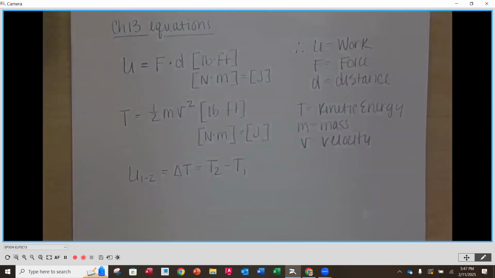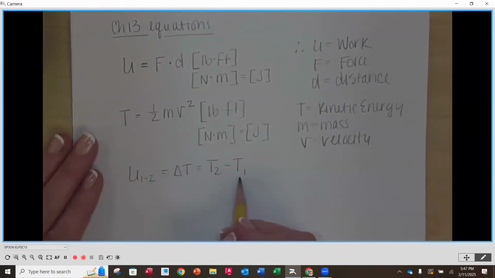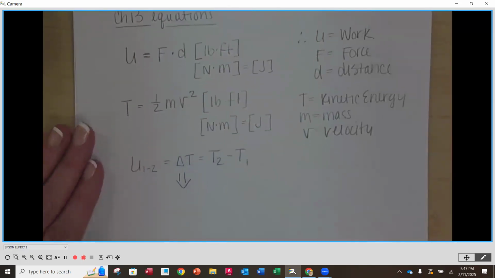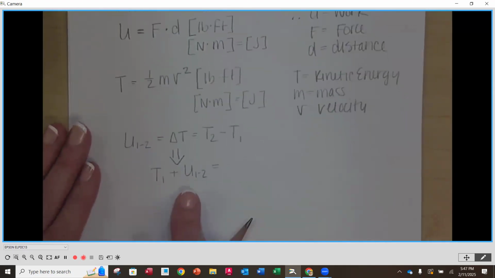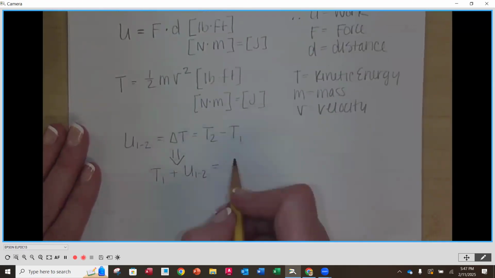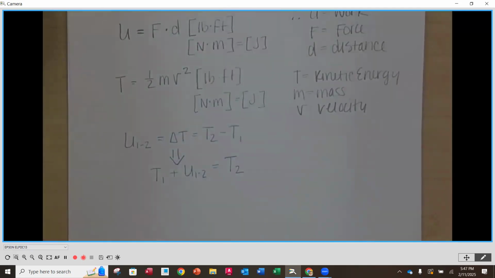You also see this very often where they eliminate the negative value here. So I'm going to put 2 arrows down here just to rearrange: T1 plus U 1 to 2, our work 1 to 2, is going to be equal to T2. So it's just an algebraic rearrangement, but we see it like this quite often.